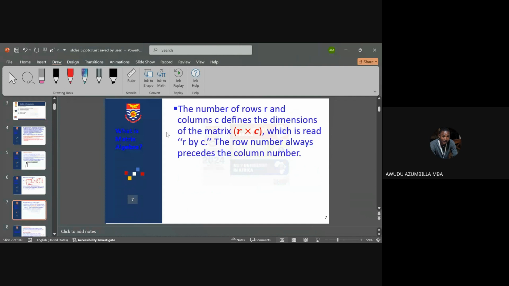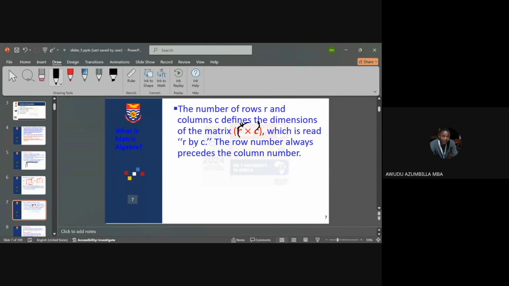If the row is, let's say, 4, and the column is 4, the dimension is a 4 by 4 matrix. So we use the small r, which represents the row, and the c, to help us determine the dimension of the matrix.